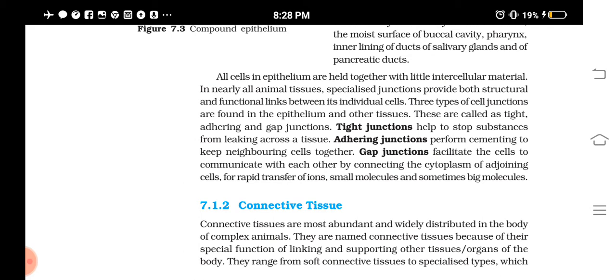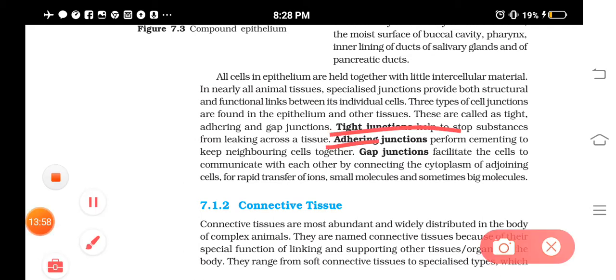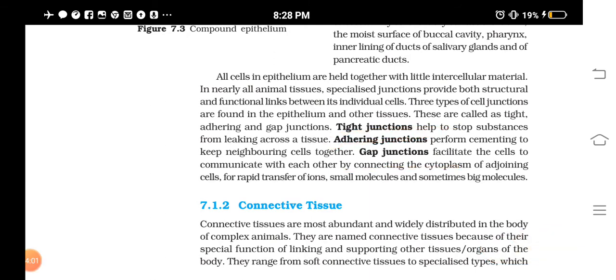They are tight junctions, adhering junctions, and gap junctions. Tight junctions mean what? There is no scope for any exchange of materials. They help to stop substances from leaking across a tissue. They are tight, they will not allow any movement.